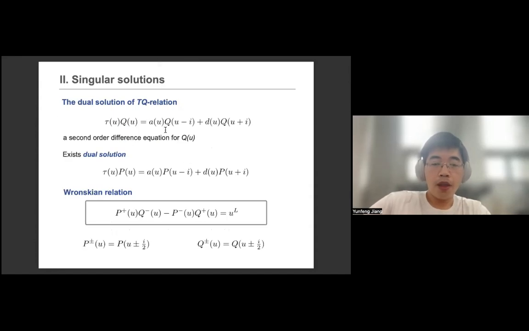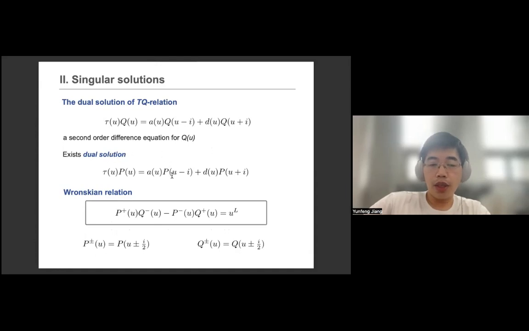If we go back to the TQ relation, which takes this form, we assume that tau(u) and Q(u) are polynomials. Now you can regard this equation as a second order difference equation for the function Q(u). If this is a second order difference equation, we know that there exist dual solutions.